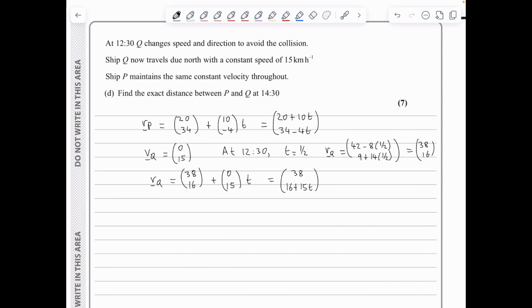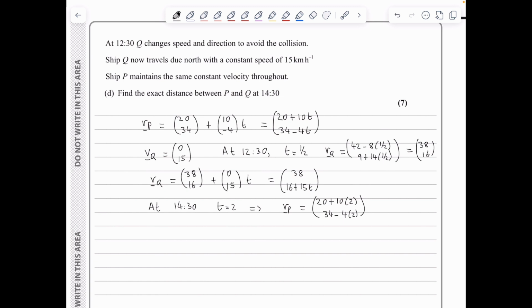We are trying to find the distance at 2:30. So at 2:30 we know that the time is going to be 2. So I will be replacing this for both rP and rQ. So rP is going to be 20 plus 10 times 2, and 34 minus 4 times 2.